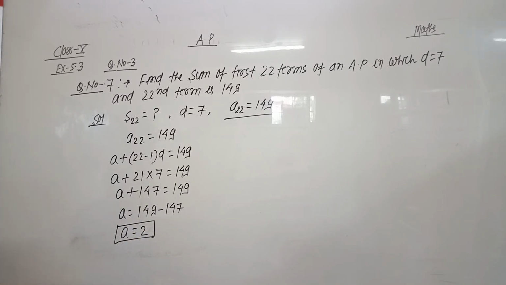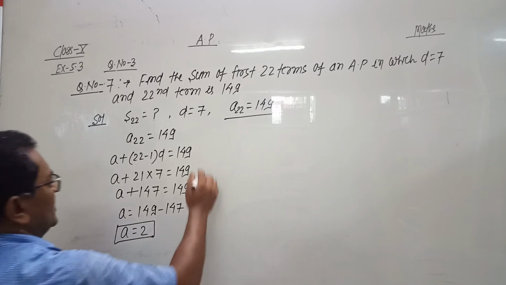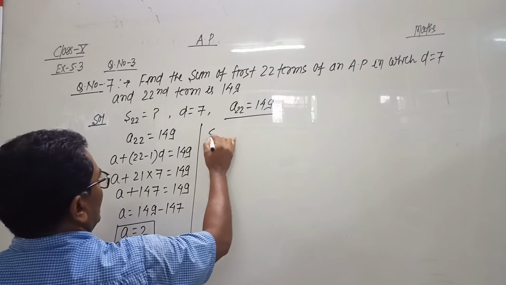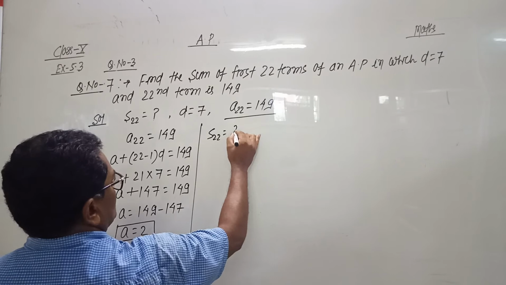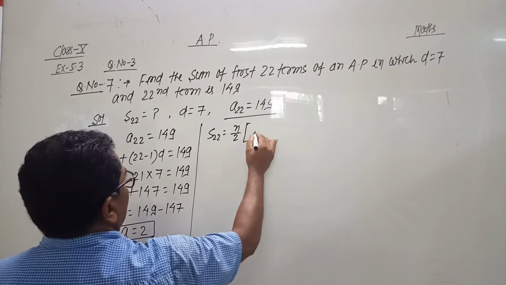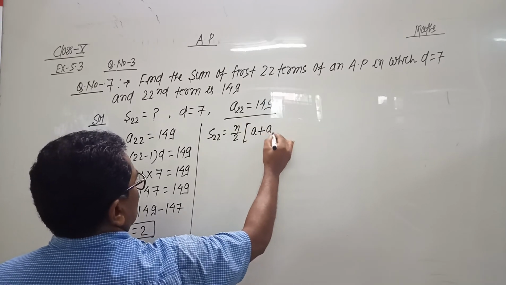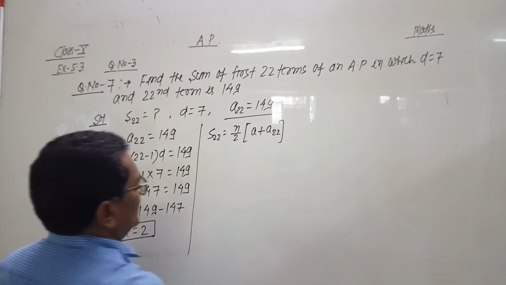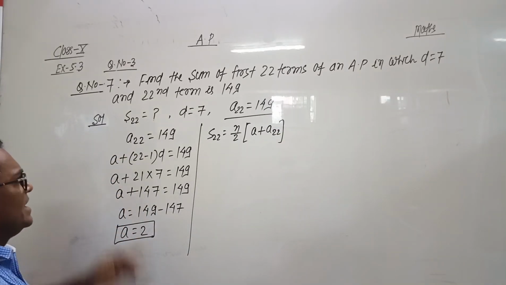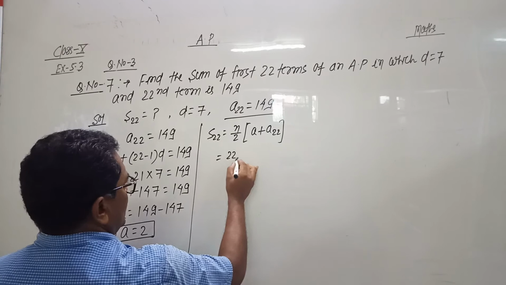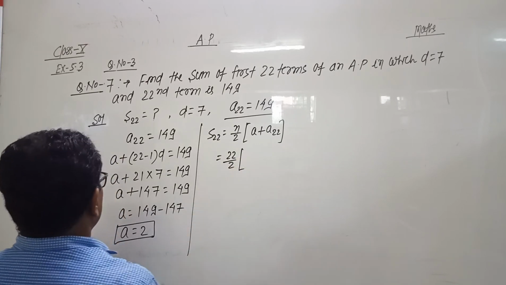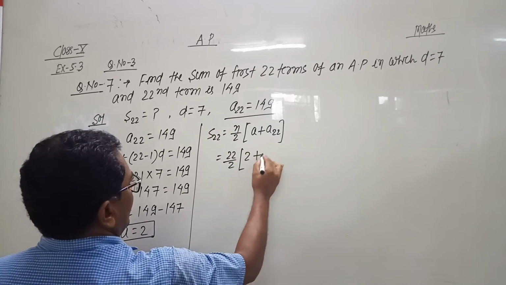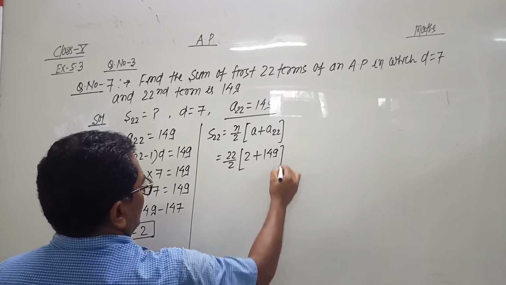Now we have to find the sum of 22 terms. S22 equals n by 2 times (a plus a22), and n is 22. So 22 by 2. The value of a we have calculated, and a22 is 149.